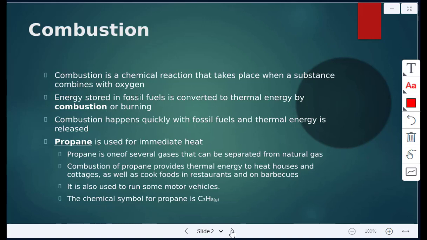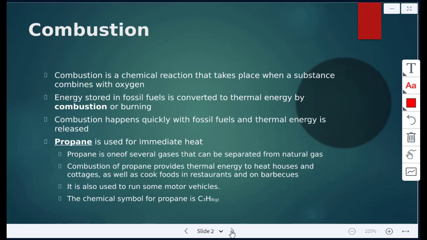When we're looking at fossil fuels, energy stored in fossil fuels is converted to thermal energy by combustion or burning. It happens quickly with fossil fuels, and then thermal energy gets released. For example, propane. Propane is a fossil fuel and is used for immediate heat.